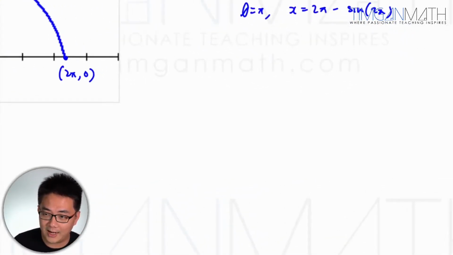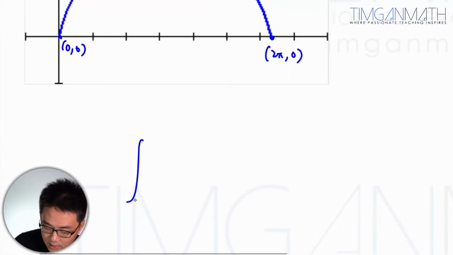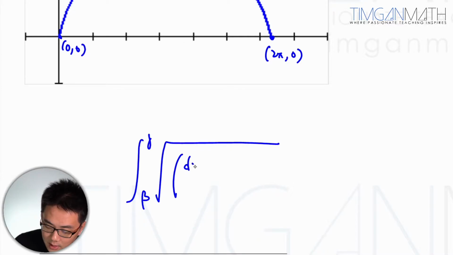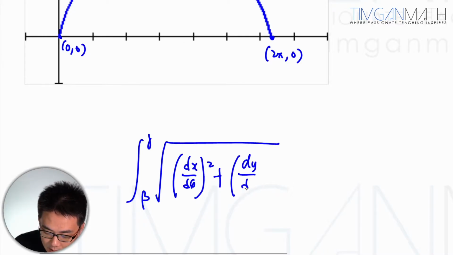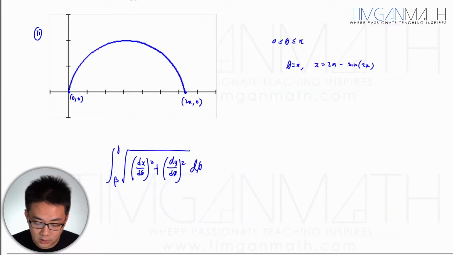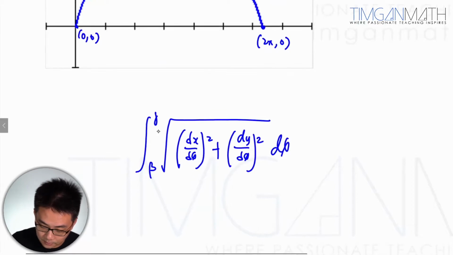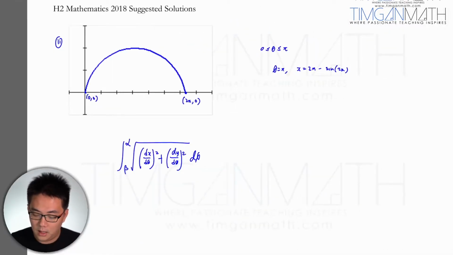So the arc length is given by this formula here, which is the integral from alpha to beta of the square root of (dx/d theta) squared plus (dy/d theta) squared, d theta. Okay, great. So find the total length of C. Just try and understand this part.